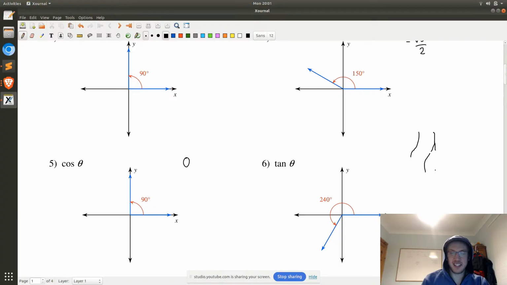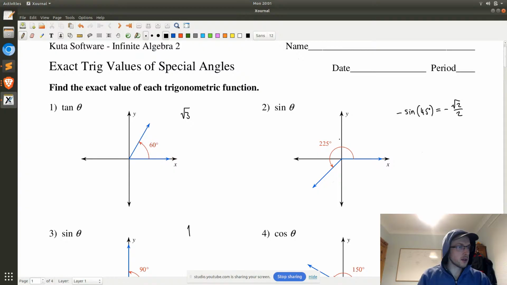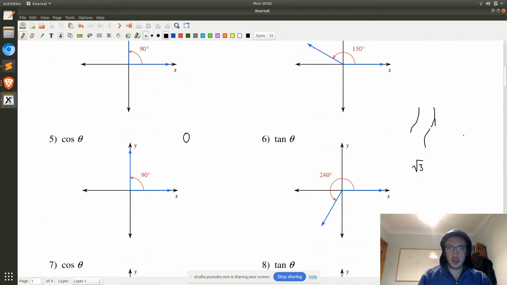And what's tan of 60? That is root 3. Right, so let me check those. Okay, root 3 is correct. Negative root 2 over 2 is correct. Root 1 is correct. Negative root 3 over 2 is correct. 0 and root 3 are correct.